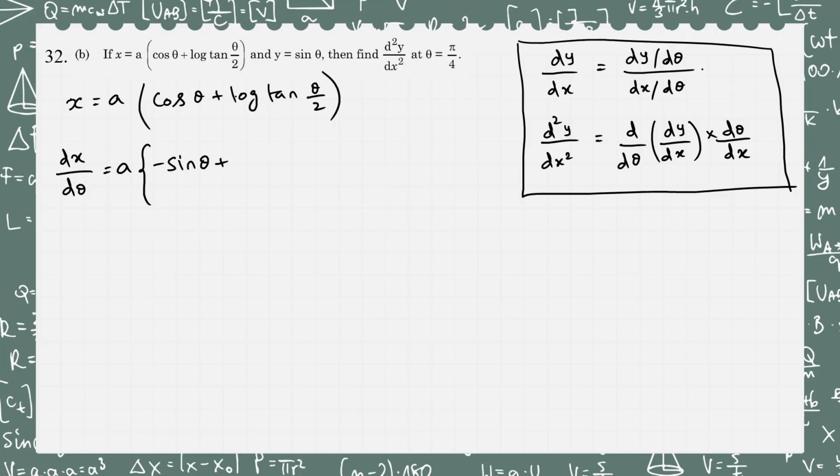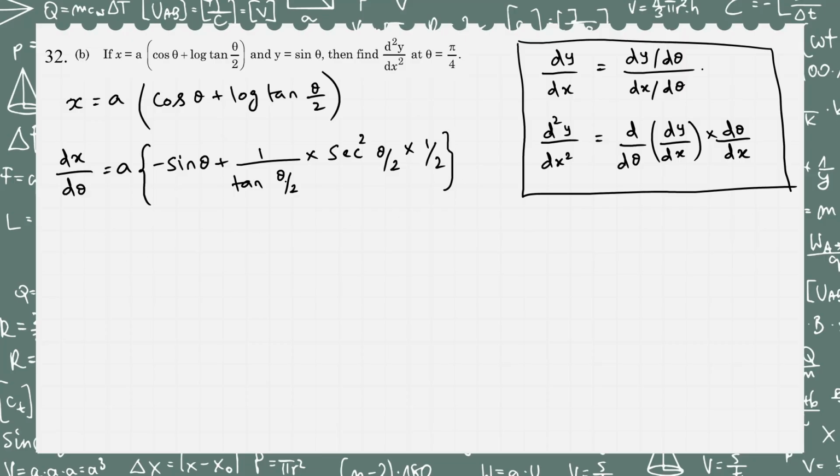First we give priority to log, so its differentiation will be 1 by tan theta by 2, and applying chain rule, tan theta by 2 has to be differentiated again. Differentiation of tan will be secant square, so it is secant square theta by 2, and theta by 2 has to be differentiated again, which will give you 1 by 2.